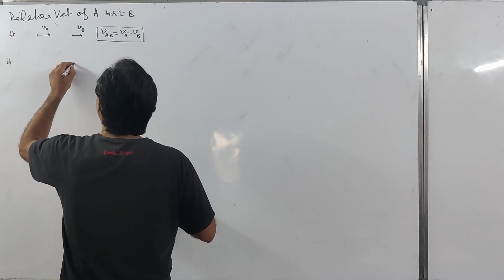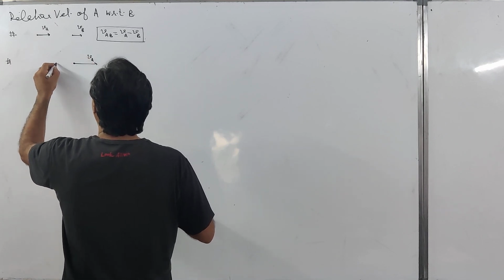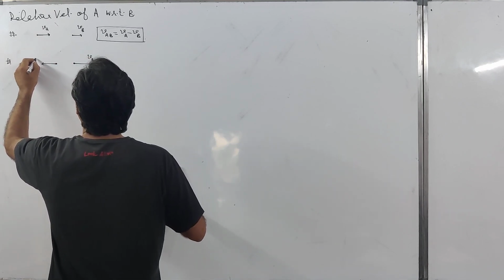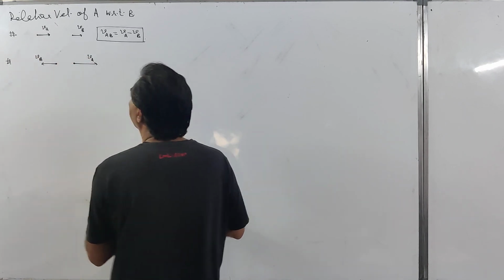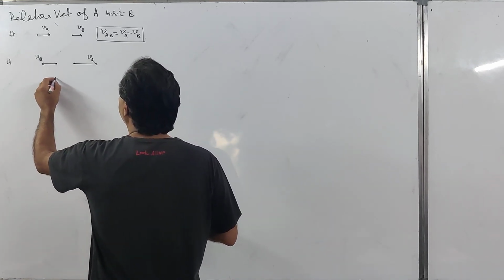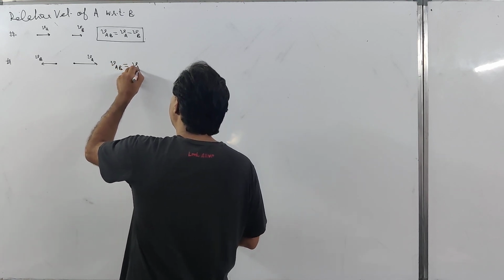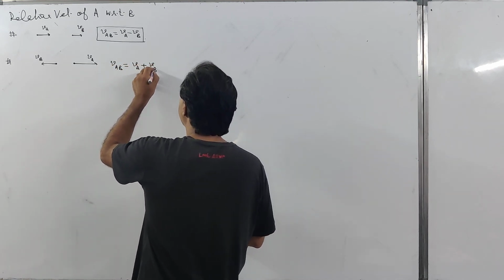And if the objects are moving in opposite directions, this is VA, this is VB. Then the relative speed of A with respect to B, VAB, is VA plus VB.